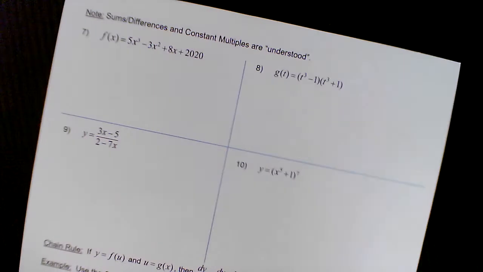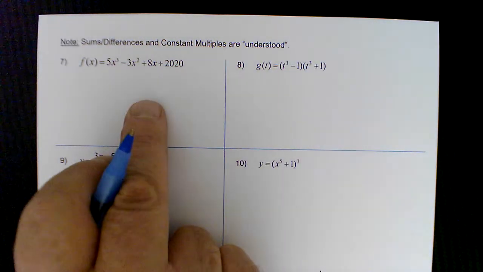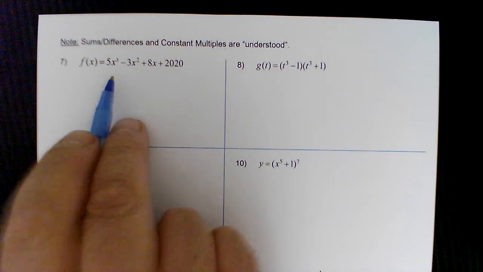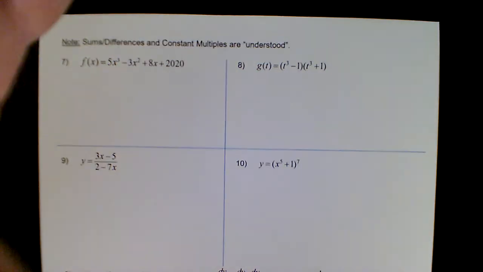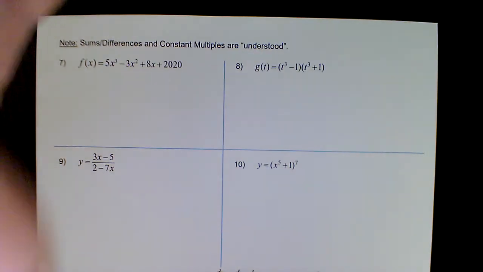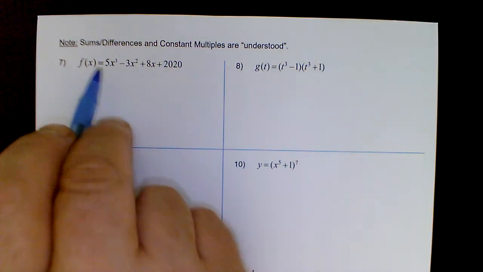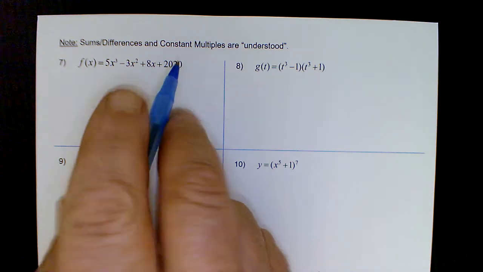The first one I wrote here, that sums and differences and constant multiples are understood, implying in number 7 that we don't have to pay attention to the formality of the sum and difference rule or the constant multiple rule. Nobody is going to differentiate these separately according to those rules. You basically just jump right in.